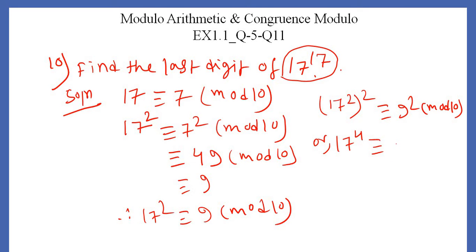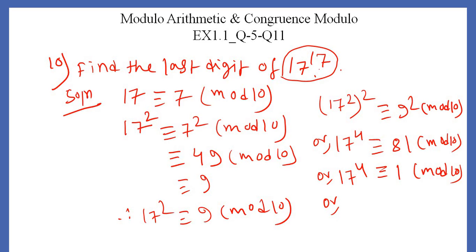And what is the value of 9 square? 81. And if you divide 81 by 10, what would be the remainder? 1, right? So here the remainder is 1. So when you divide 17 to the power 4, then the remainder would be 1.